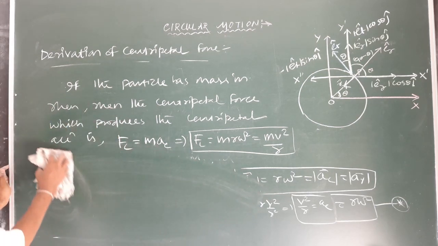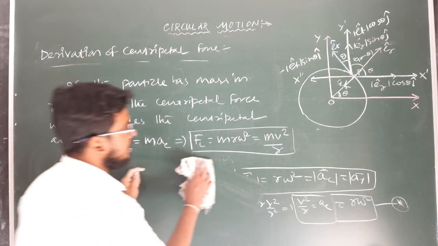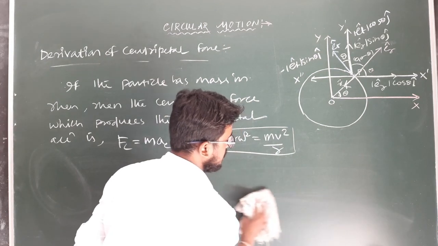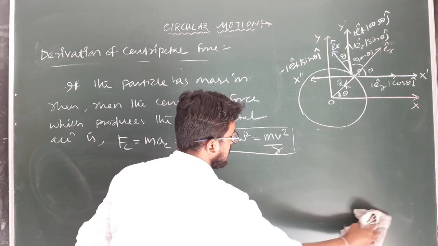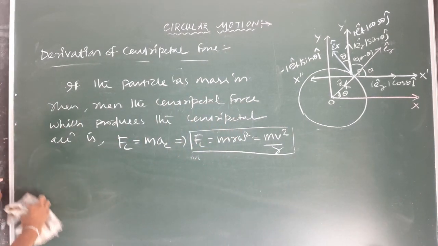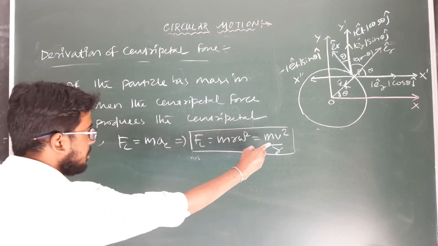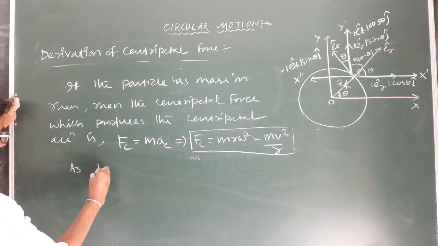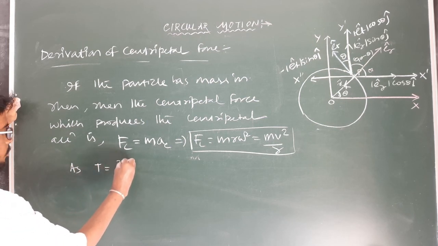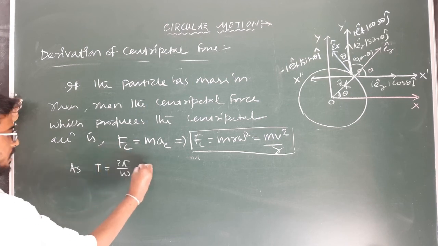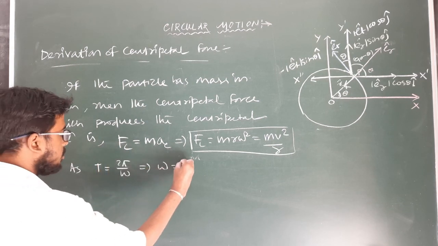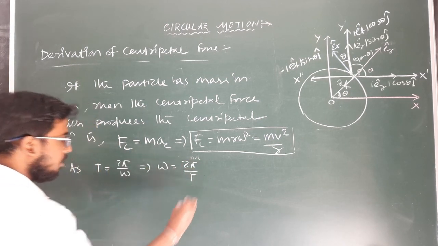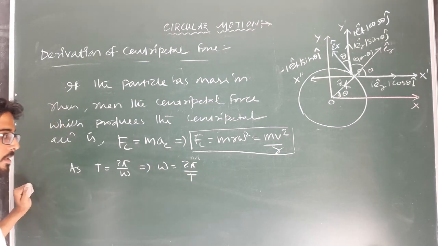So this is the derivation for centripetal force and the centripetal acceleration, which can be asked as a long question in your examination. And from this expression we can also find out, as we know the time period T equal to 2 pi by omega, or this implies you can get omega equal to how much? 2 pi by T. We already established this relation in previous class.